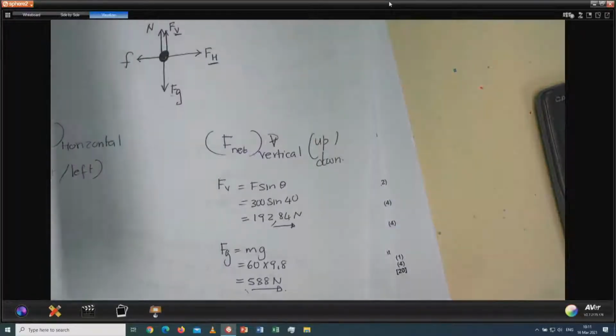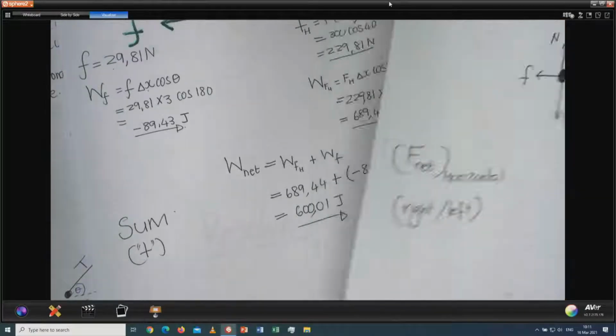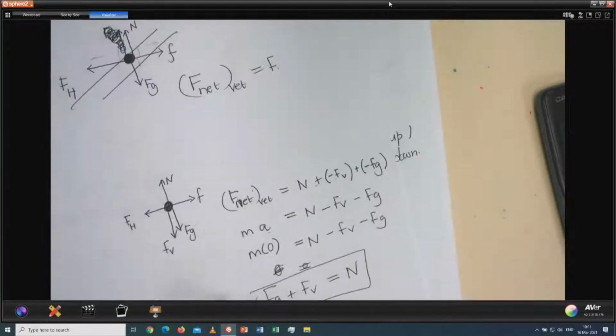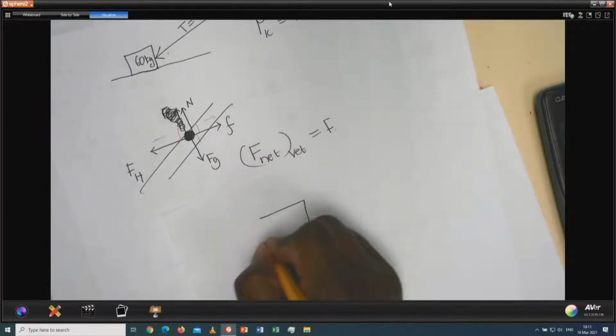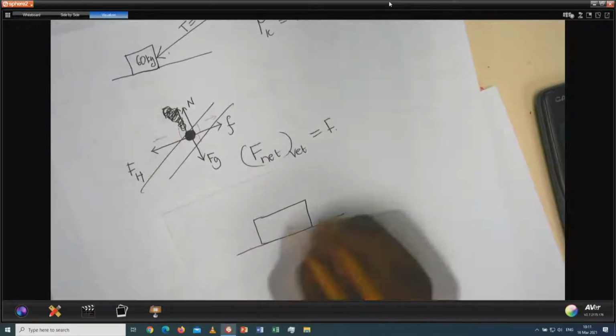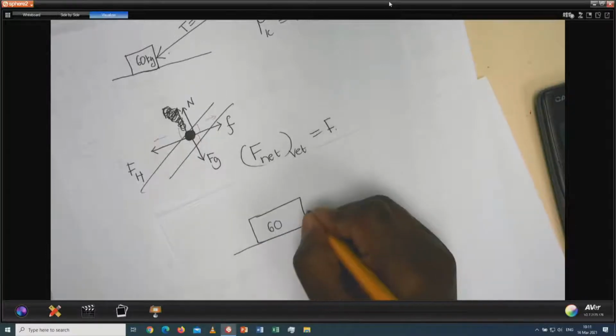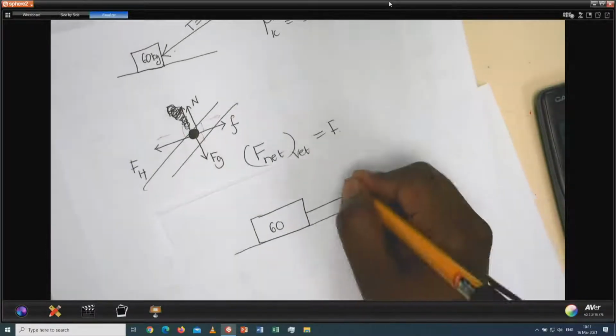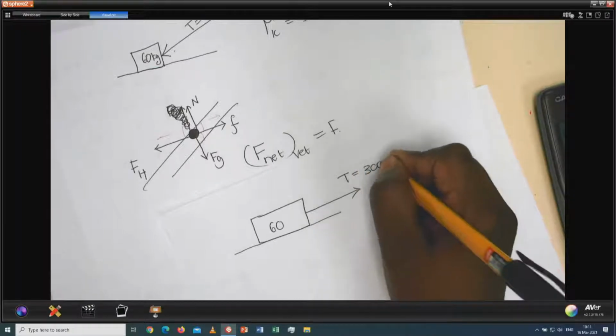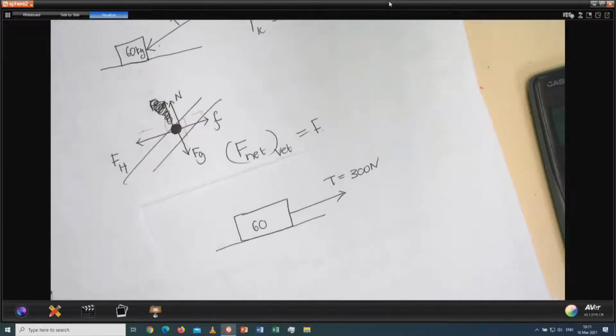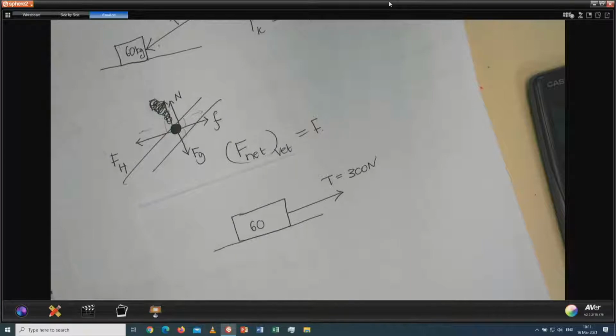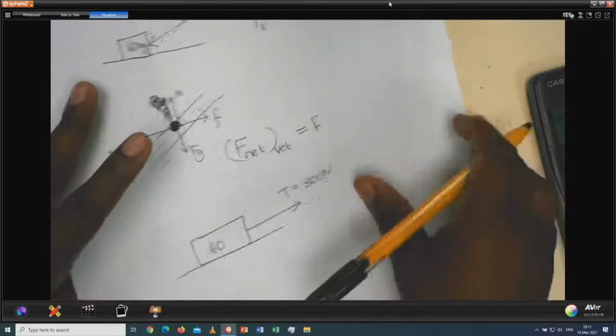Then the last scenario for this question would be if the force, let's take the same object, but now this force makes an angle of 0 degrees with the surface or with the horizontal.